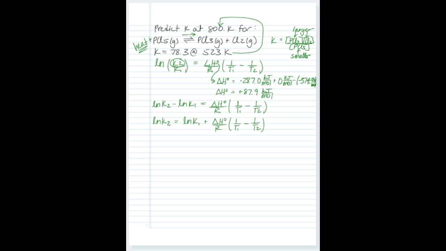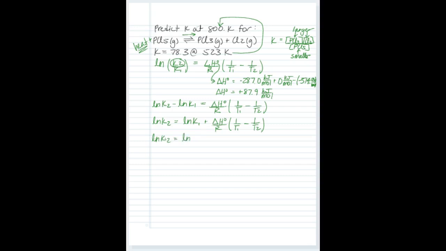Now I could go further and simplify this by taking all of the stuff on the right as an exponent of e, and that would just leave K2 on the left. I can do that algebraic step, but I find it easier to just substitute numbers at this point and deal with the exponent later. So I'm going to substitute numbers.